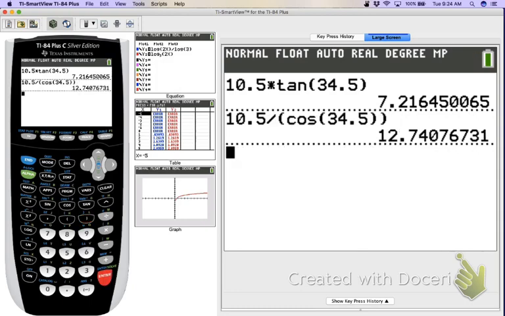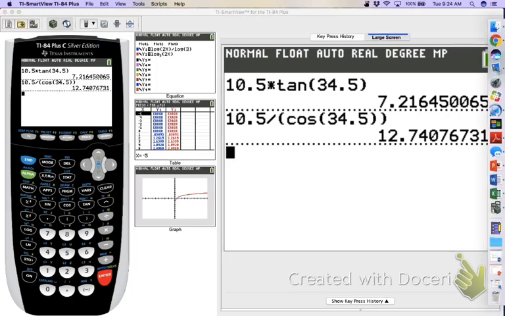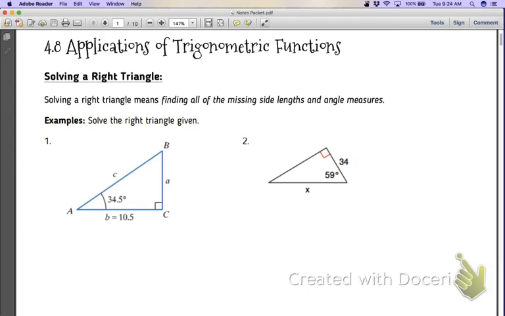My hypotenuse is 12.74, so if we round it to the tenths place, it would be 12.7. So we had 7.2 here, and now we have 12.7.